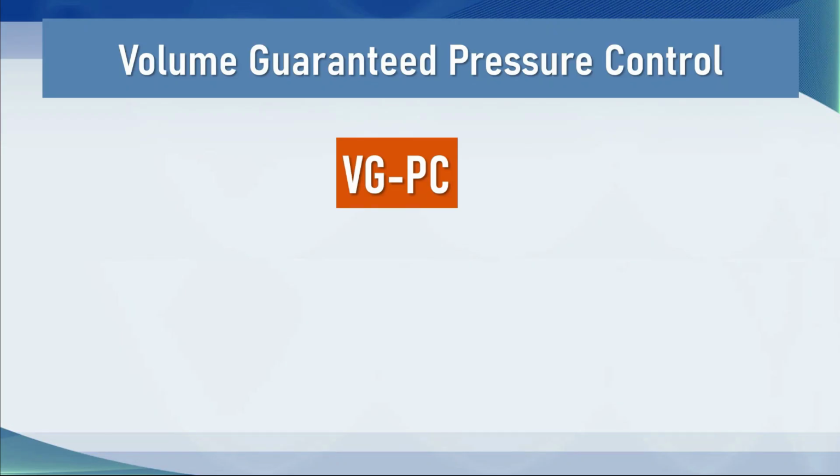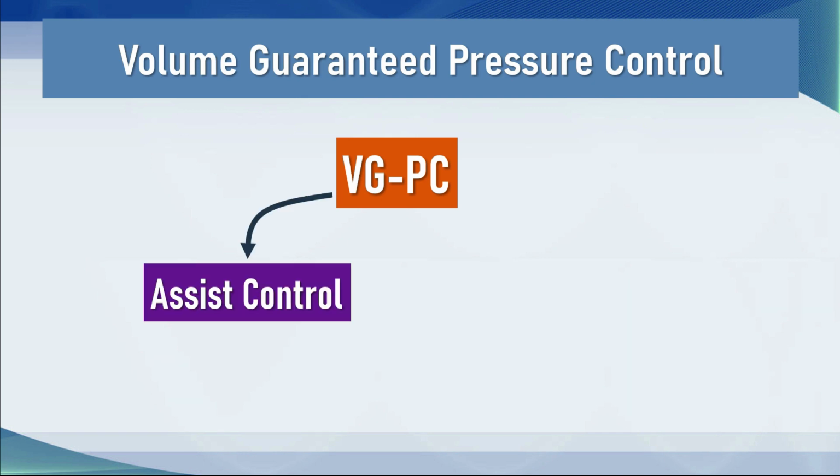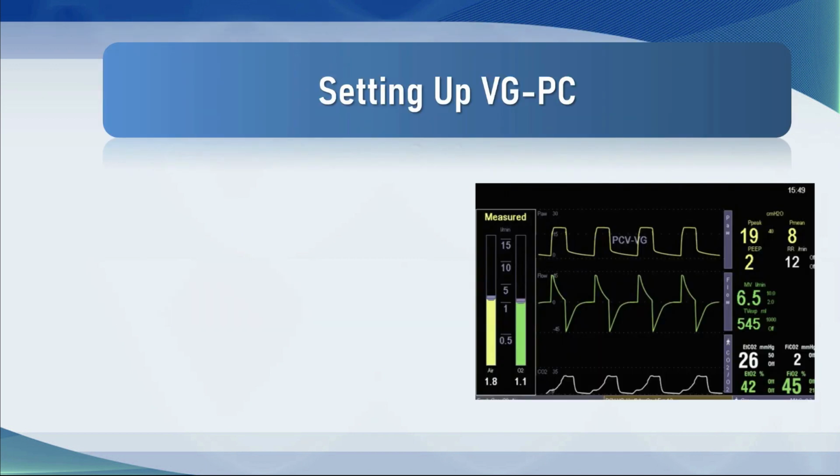Also, keep in mind that volume guaranteed pressure control is just like all other modes that we have encountered so far. There's an assist control mode and there is an SIMV mode. And if you really want to wreck your head, try and figure out how SIMV, volume guaranteed pressure control with pressure support, works. It works, and a lot of people like this mode of ventilation, but it's really, really complicated.